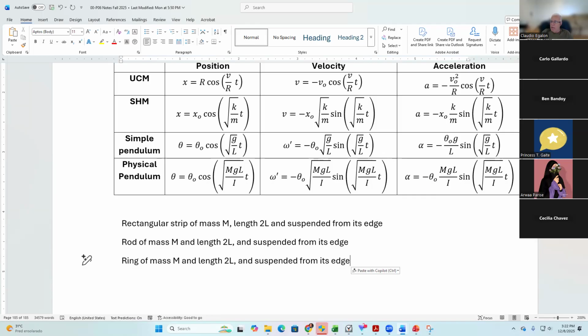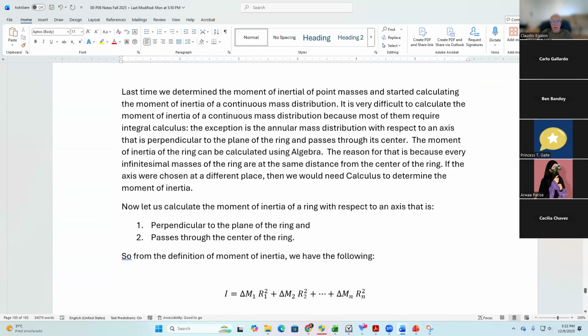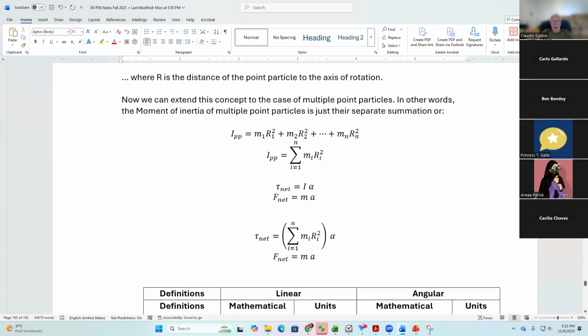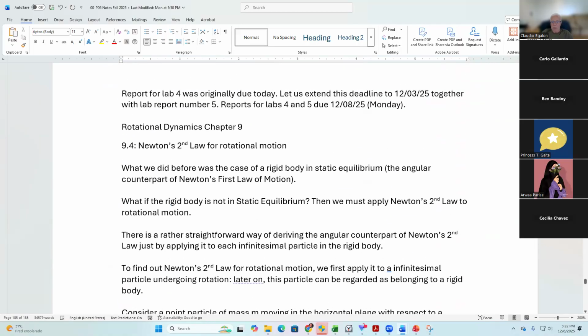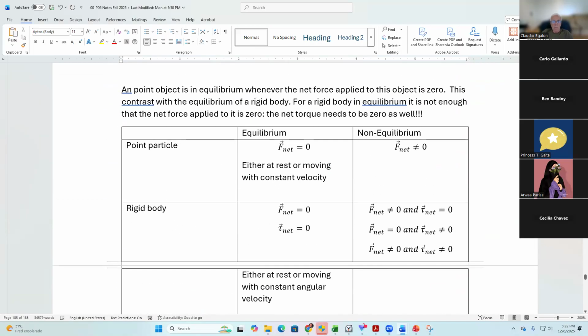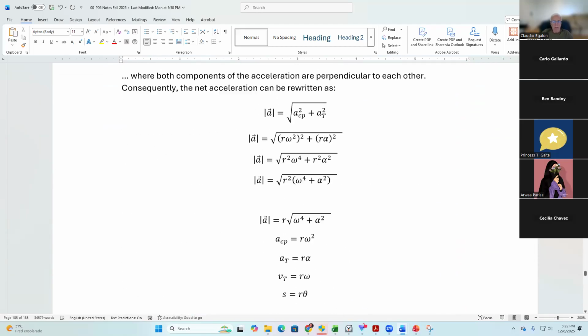Let's see if I have the moment of inertia for those cases. If you don't have it here, we have to look there in the book.